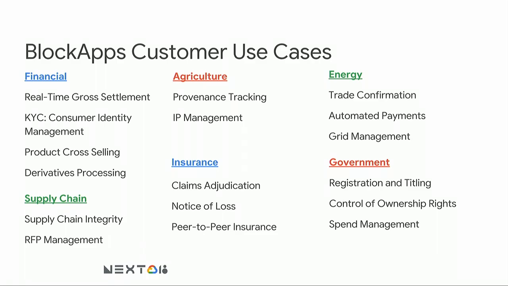So this is bank-to-bank intraday transfers so that banks can cover their liabilities in a very low latency situation. KYC, consumer customer identity management, so that customers may decouple their personal identity from the information that their financial institutions have to streamline onboarding so that they can consume products across a variety of financial institutions much more easily.